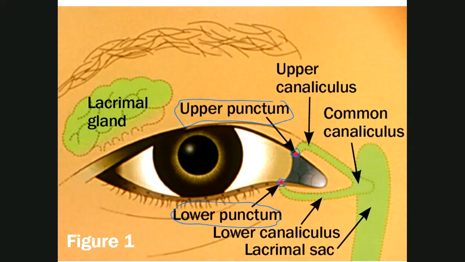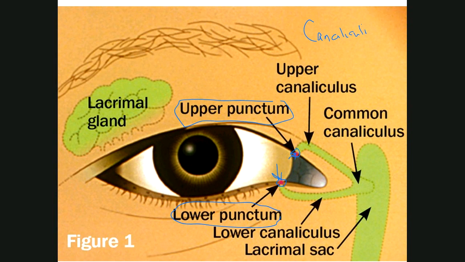The tears are going to drain into those little holes. And from there, they go into little tiny tubes, little tiny canals. The word for that is canaliculus, or plural canaliculi. Kind of sounds like, can I lick your eye?